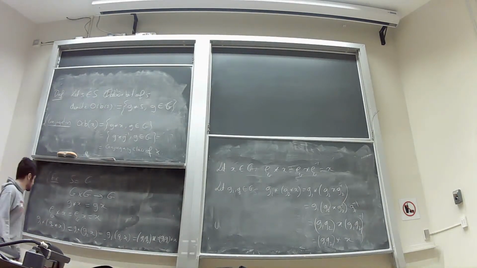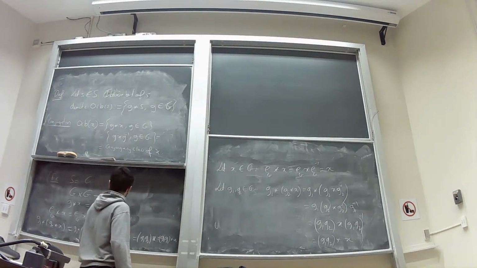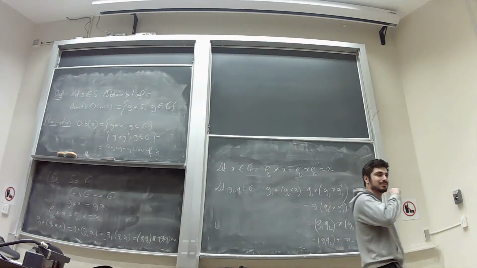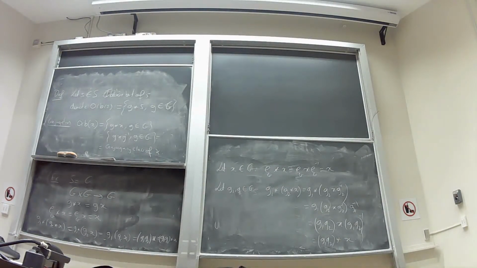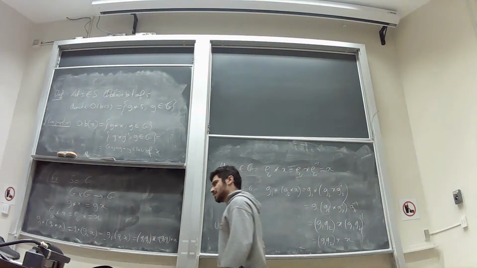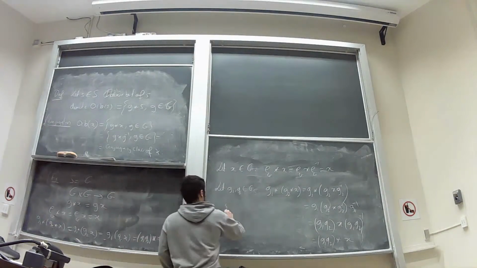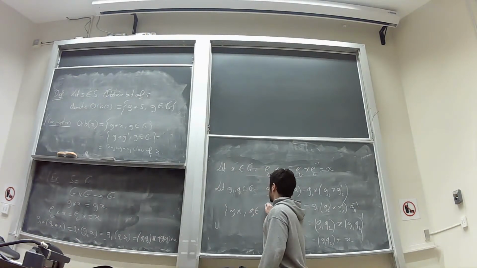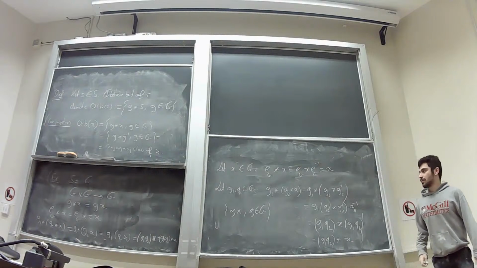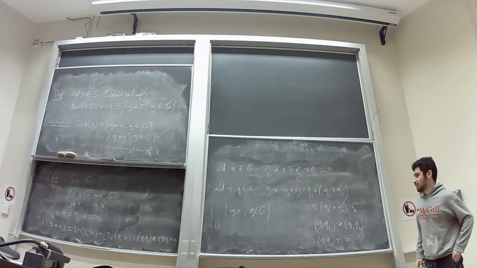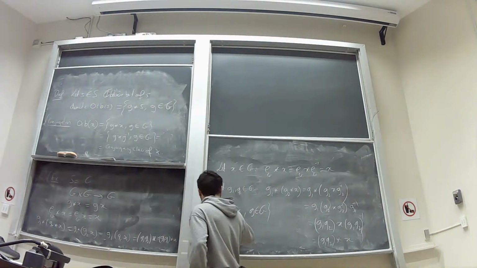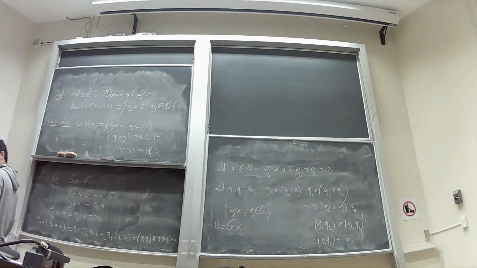Now what is the orbit of X? I'll let you work this out. The orbit of X is just Gx as little g is in G. Does that mean it's the right coset? The right coset by X is equal to Gx. Big Gx, what is that? The right coset. What is that?